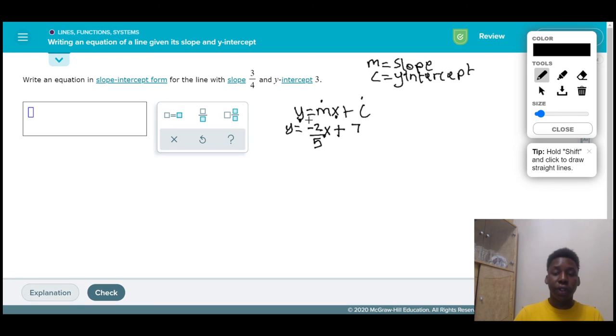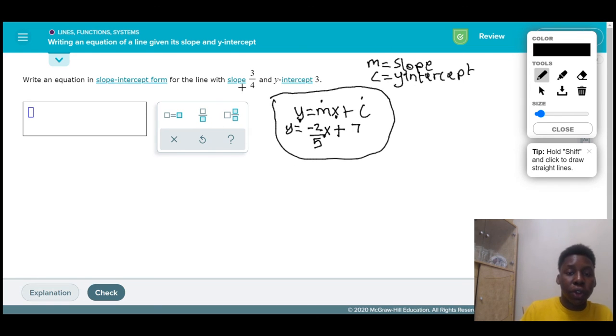For the values of the slope in this case, we know the slope is 3 over 4. So we replace m, which is the slope, with 3 over 4.